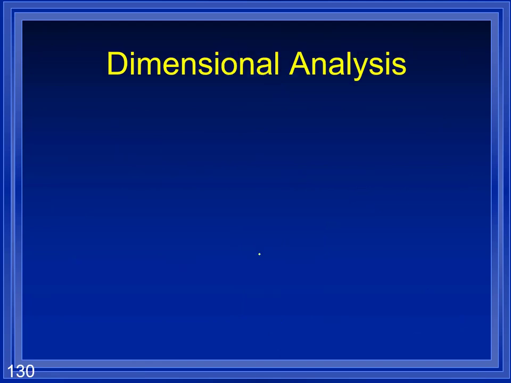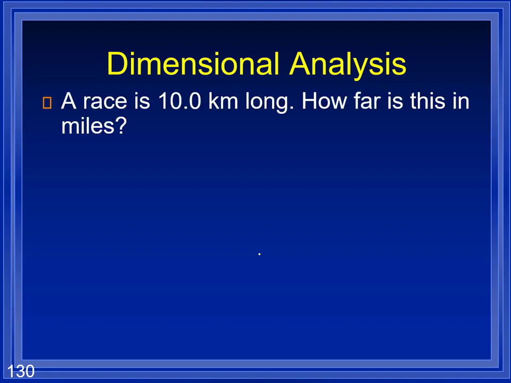Okay, so we've all heard a 10K race. A race is 10 kilometers long. How far is this in miles? Now, if we got any track people, they know how long a 10K is. But for everybody else, we're going to find out how long a 10K is.